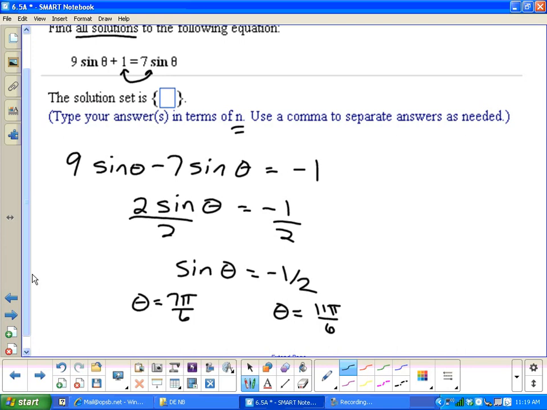How do we say a multiple of 2 pi? 2 pi n. Those are my two answers, and that covers all of them because of the plus 2 pi n. Now, you may have some questions that only ask for the solutions between 0 and 2 pi. If I ask you for the solutions between 0 and 2 pi and not all the solutions, what would you say then? Right, just that and just that.